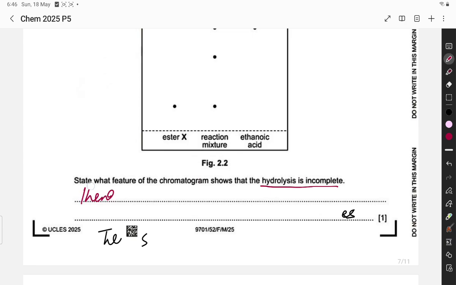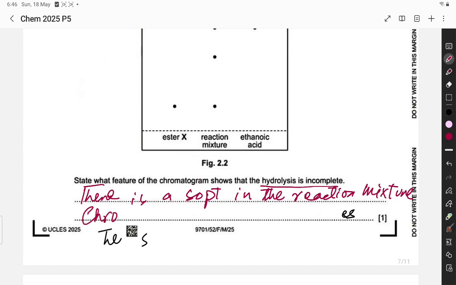There is a spot in the reaction mixture chromatogram which matches the ester chromatogram.